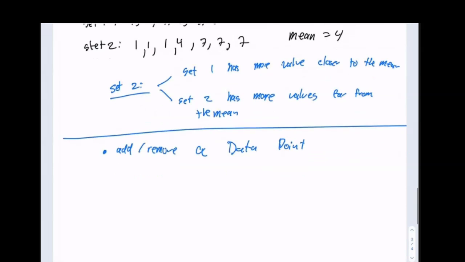If you add a point close to the mean, and it doesn't matter if it's below or above, what will happen to the standard deviation?